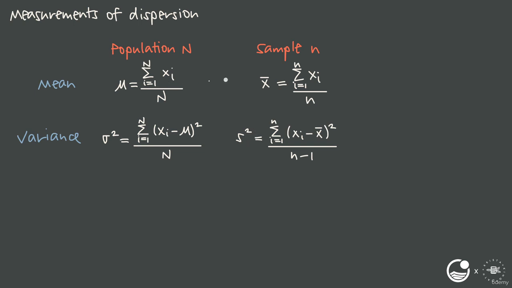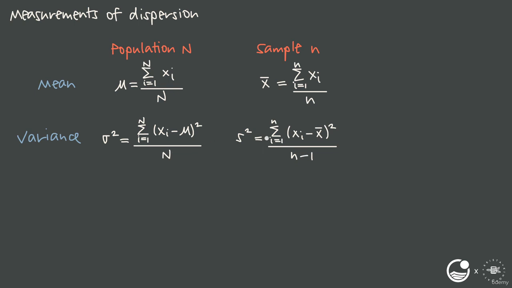And just like the formulas with the mean, these two formulas are essentially identical, except that in the population formula, we are using population mean, mu, and with the sample, we're using the sample mean value, x bar, that we already calculated. And of course, we're using capital N in the population formula, lowercase n in the sample formula.